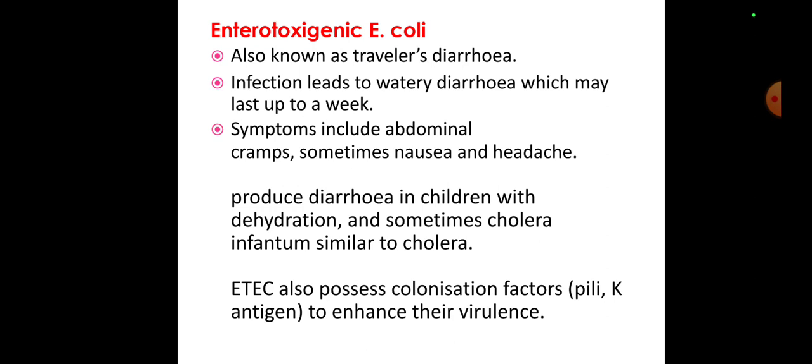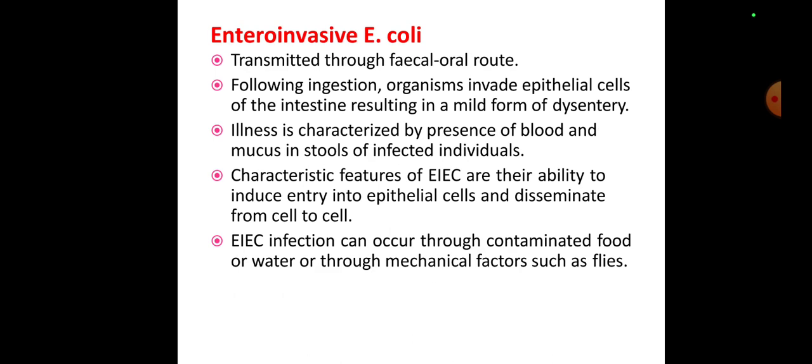And this enterotoxigenic E. coli also possesses colonization factors like pili antigen and K antigen to enhance its virulence capacity. Enteroinvasive E. coli is transmitted through the fecal or oral route, following the ingestion of contaminated foods, and the organism invades epithelial cells of the intestine, resulting in a mild form of dysentery.